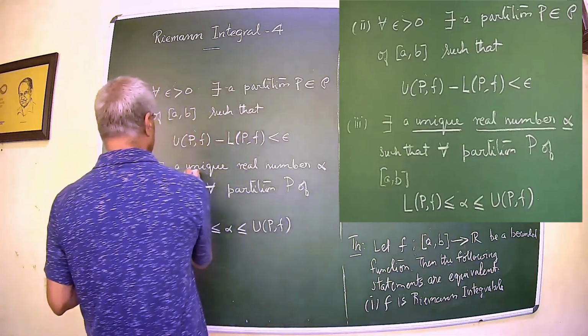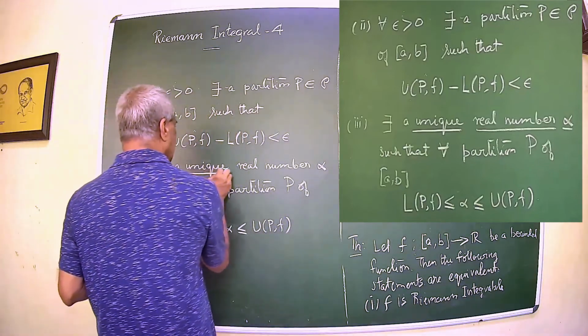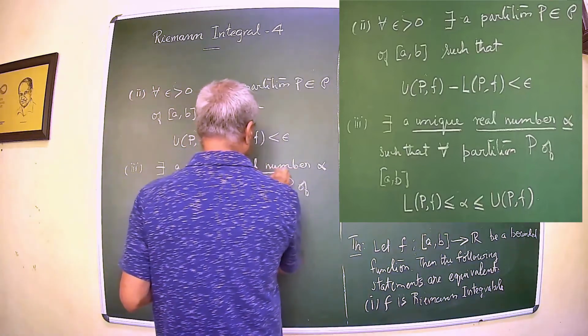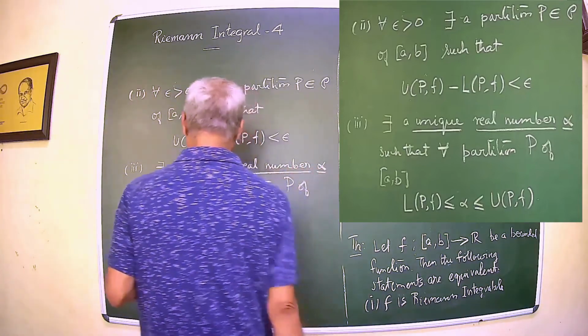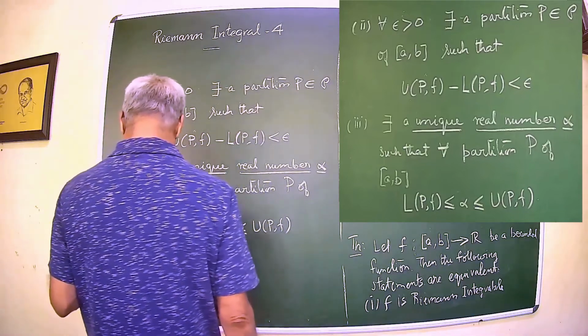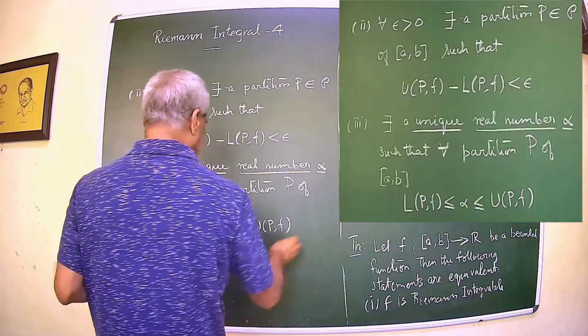And this is very important. There exists a unique real number alpha. The uniqueness is important here, such that this is true.